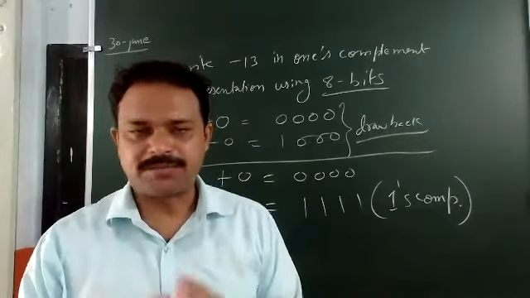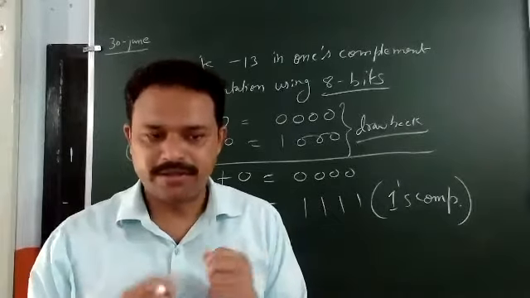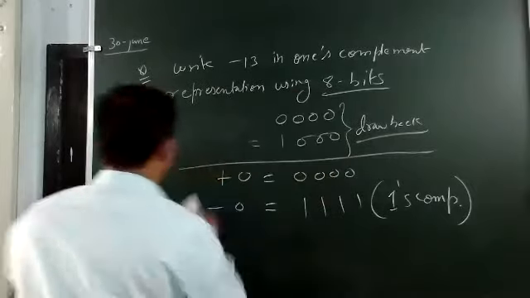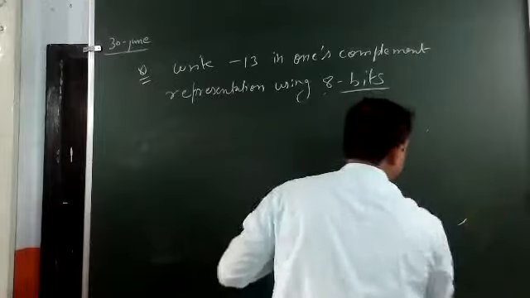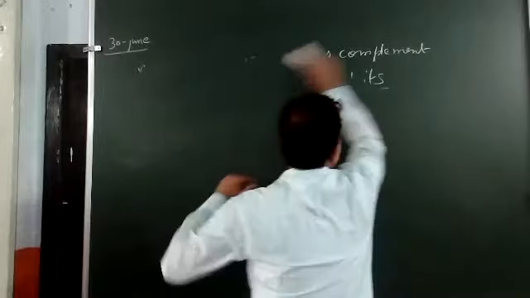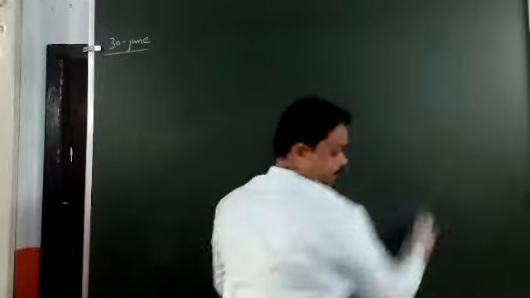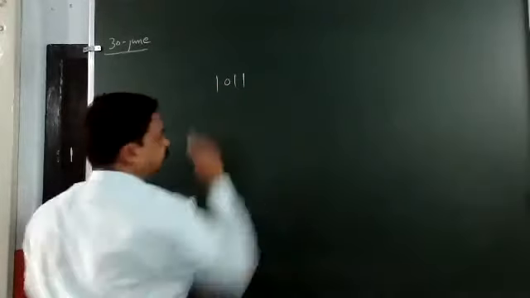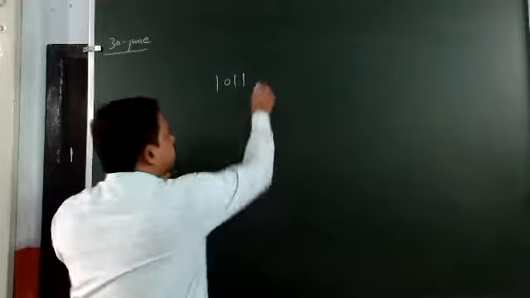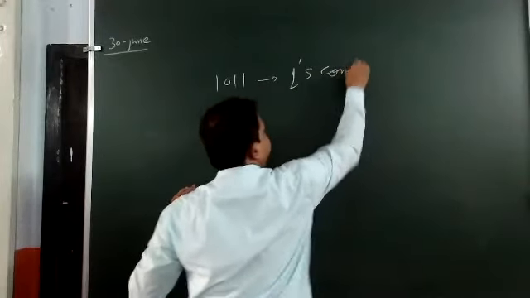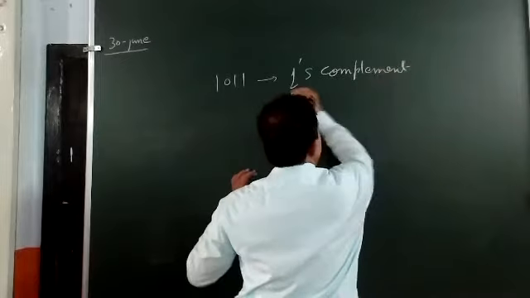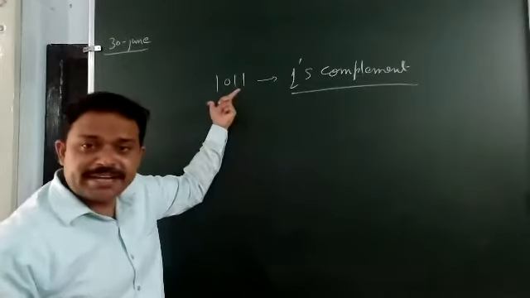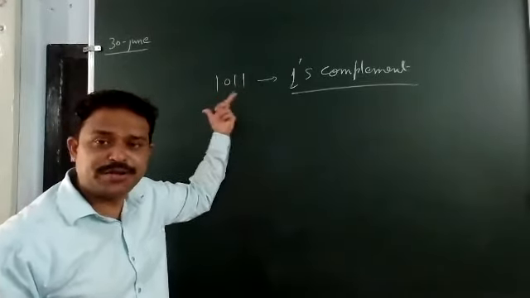Now come to the second part: how will you read it? Suppose I say to you 1011, and this binary value is given in one's complement. Can you tell me which negative value it is?